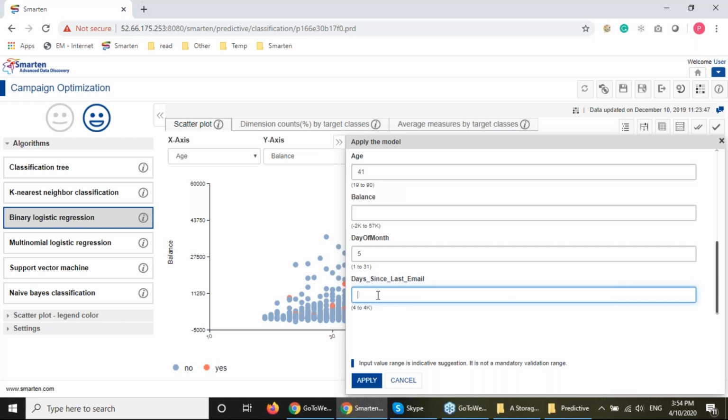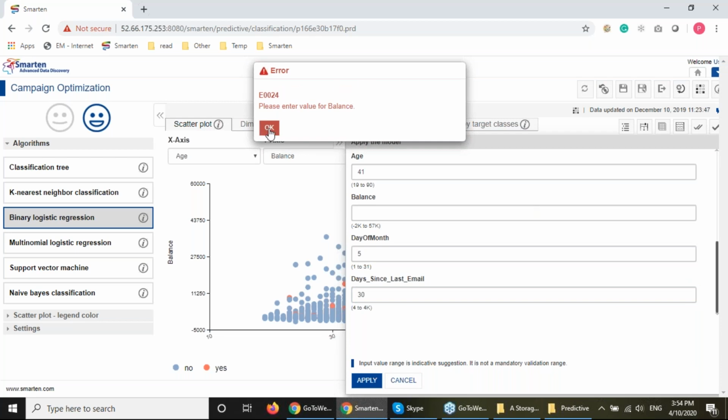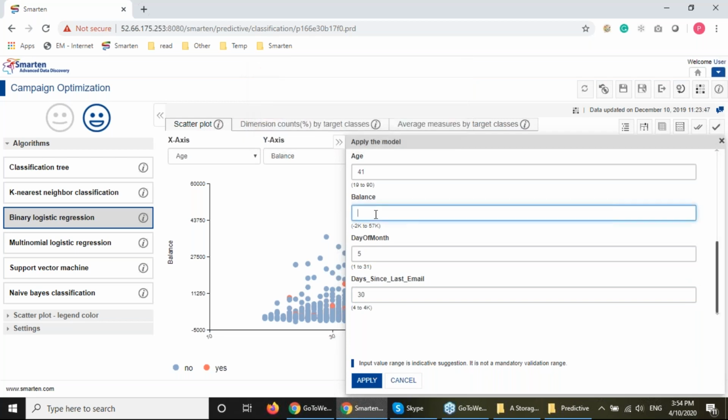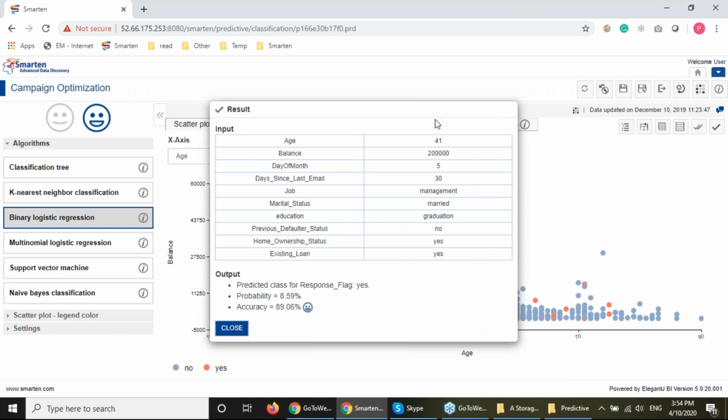When did you run the campaign last? They say last email was sent 30 days before, and okay, I'm missing one information here. So this is the balance amount, and I can see that okay, they are likely to respond to this campaign, but chances are very low. So this is not good enough chances that I should give it a try.